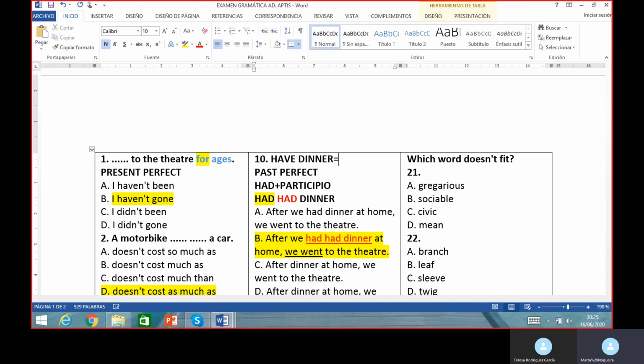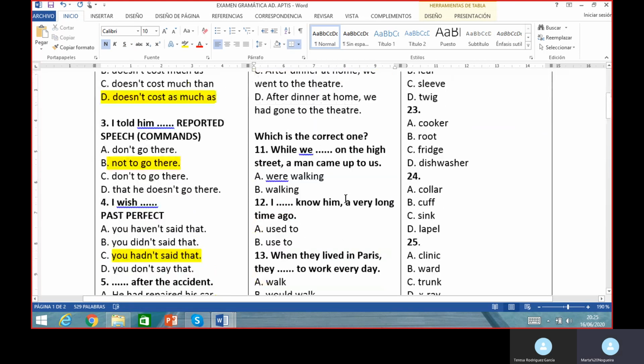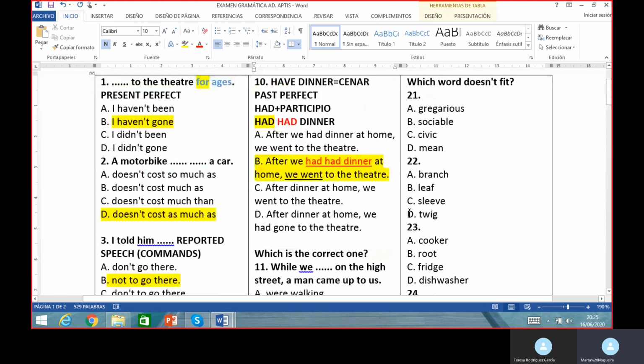Entonces, cenar es have dinner, no es to dinner o algo así. Bueno, existe to dine, pero ese no es el caso. Y tenemos to have lunch, to have breakfast. Así que no es raro encontrarse dos had, ¿vale? Porque uno es el auxiliar y otro es el participio. Me voy al siguiente.